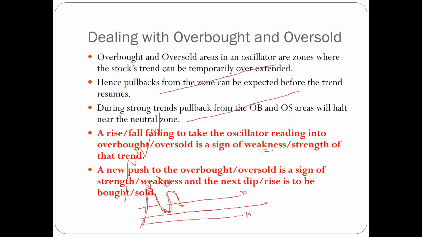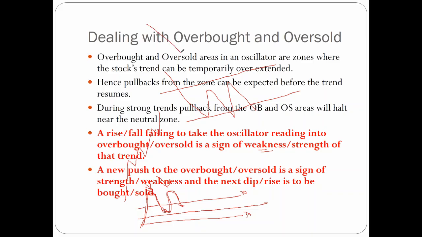In a falling market, RSI falls and touches 30, then RSI moves up, there is a pullback, and it comes and again touches 30 or maybe lower, then again touches 30 and lower. That means every time the price falls, it is able to take the indicator into the oversold territory.